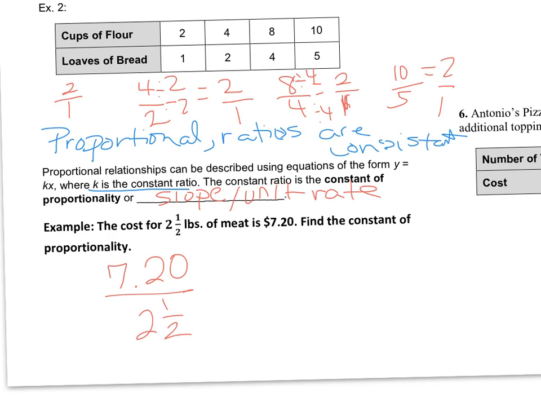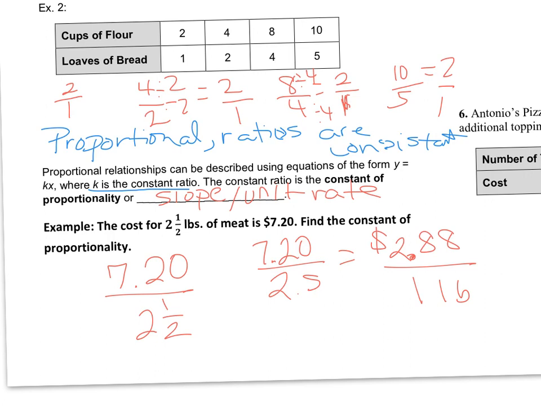So we divide 720 by 2.5, and we end up with 2.88, which would be out of 1. So it'd be $2.88 out of 1 pound. That is considered our constant of proportionality, which in this case is a unit rate because it's out of 1.